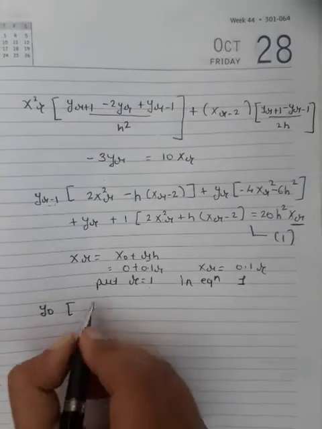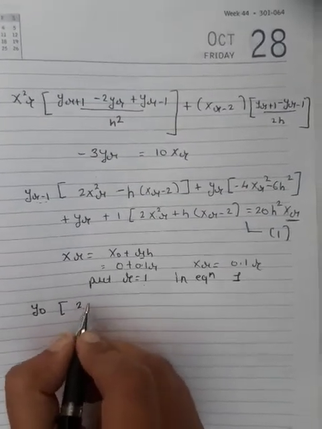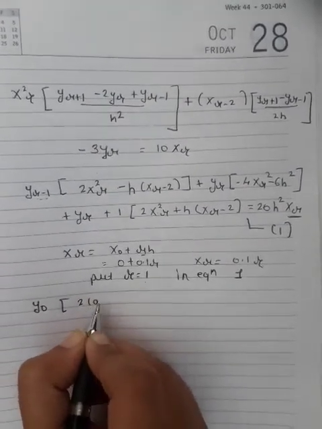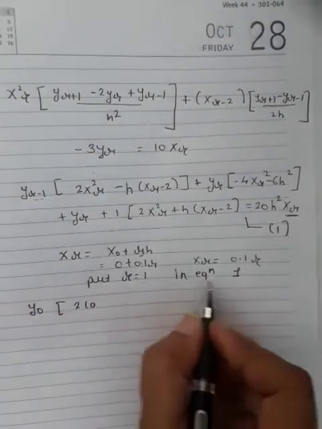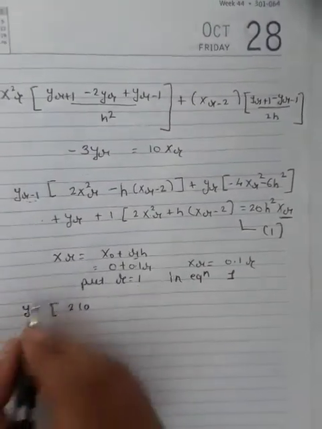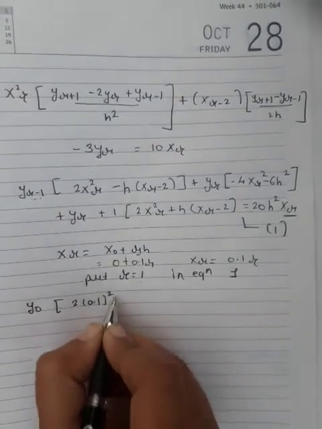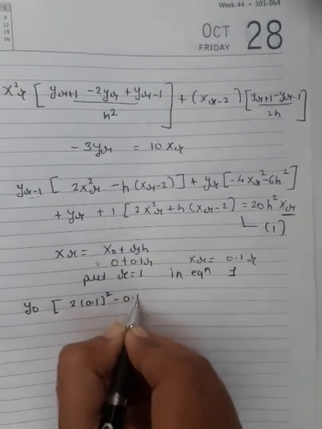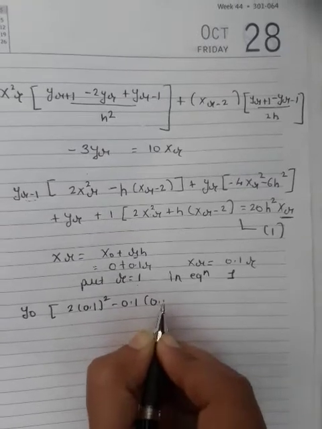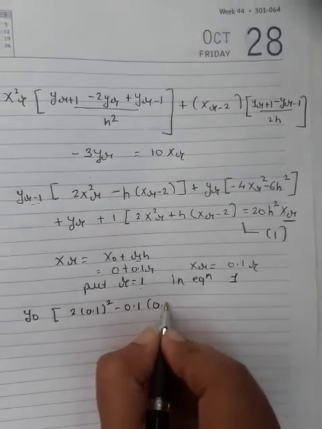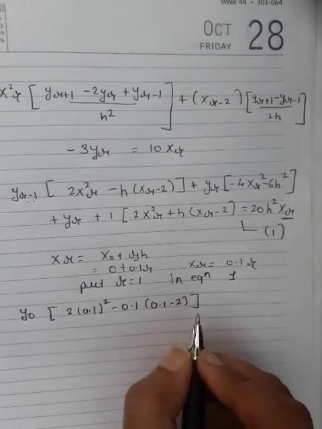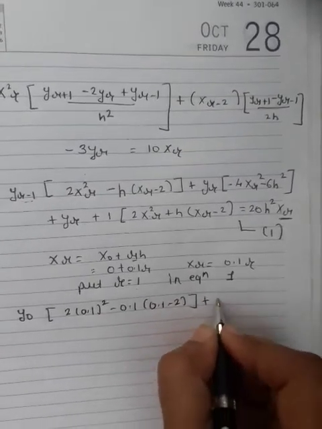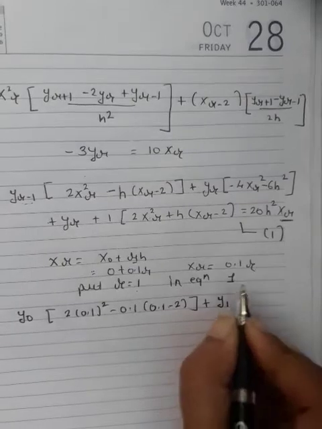So it will become y naught in bracket 2 into x, where xr is nothing but 0.1 for r equal to 1. So it becomes 0.1 bracket square minus 0.1 in bracket 0.1 minus 2, plus y1, r is equal to 1.